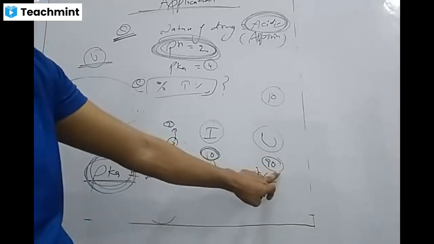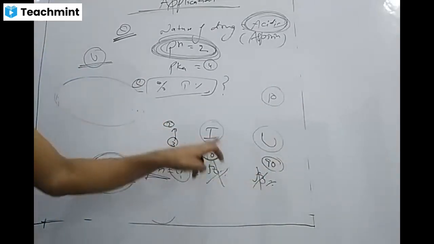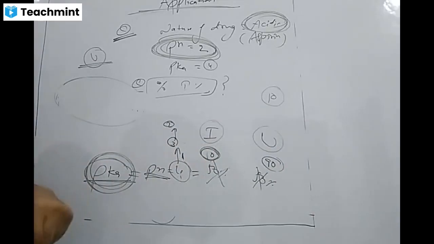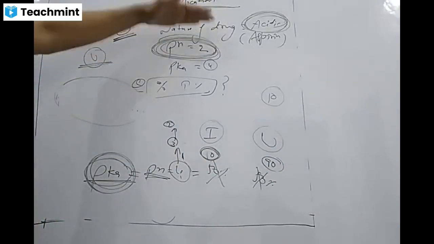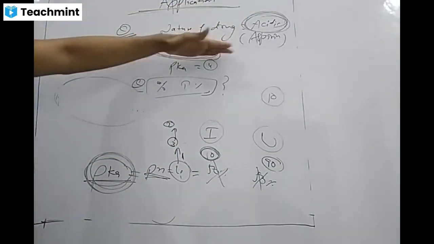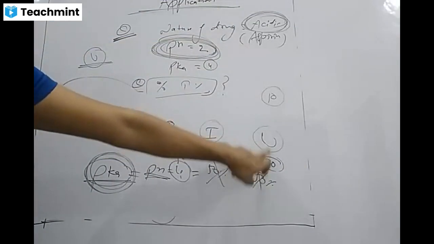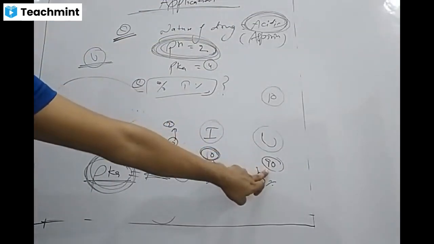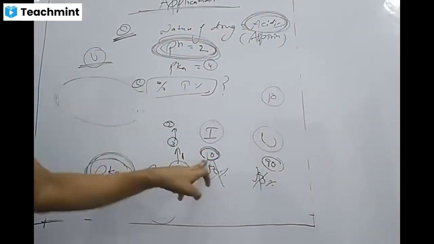Why is 90 written below, under unionized? Because we have previously seen that when both are the same, that is drug is acidic and media is acidic, it will remain unionized. That's why this is 90, not this.